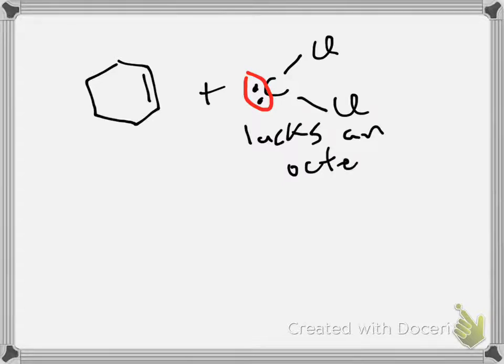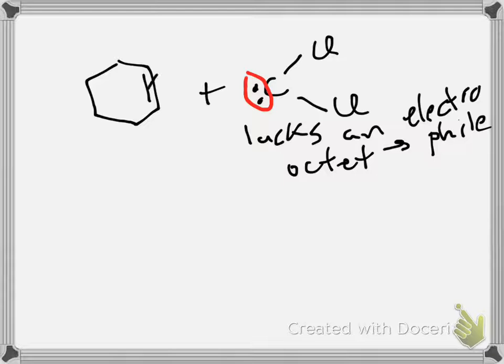Because it lacks an octet, it can also function as an electrophile. We've only seen pi electrons functioning as nucleophiles before, so this is a concerted reaction that is similar to what you saw when you were looking at the hydroboration reaction.